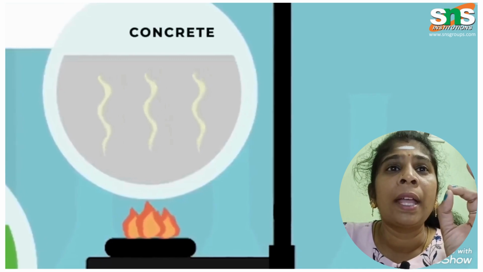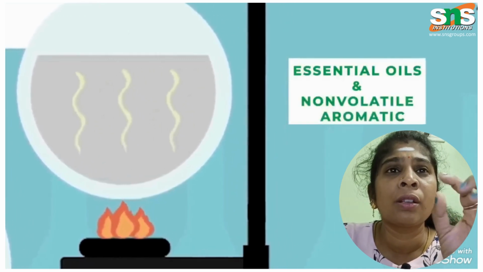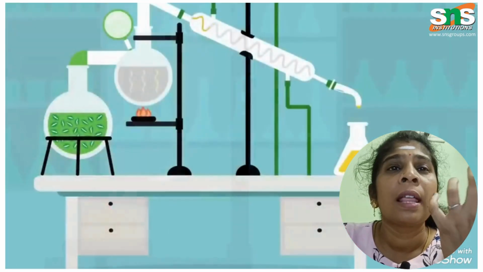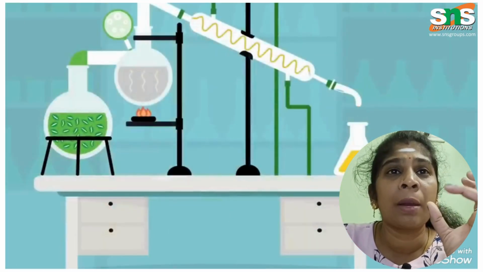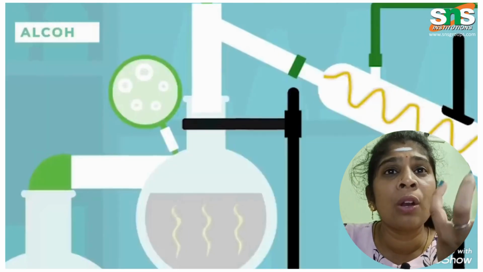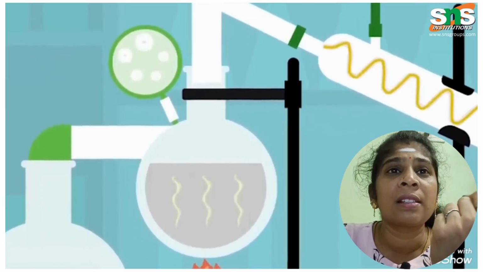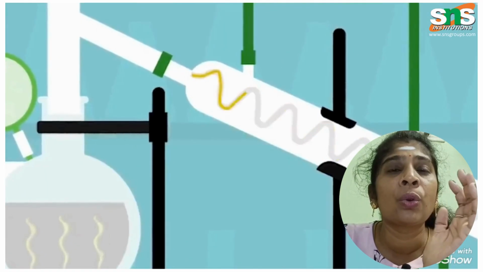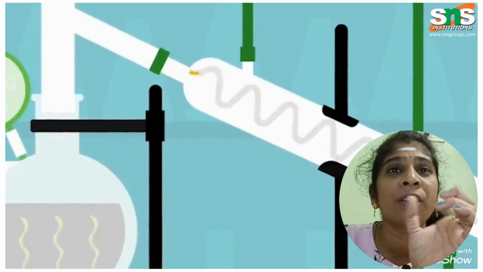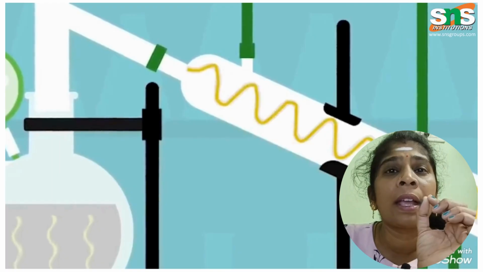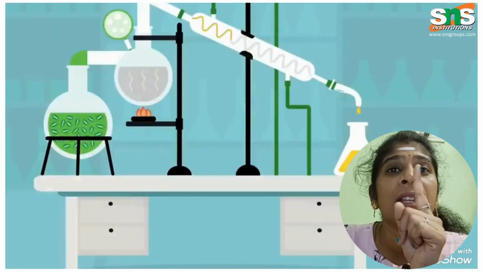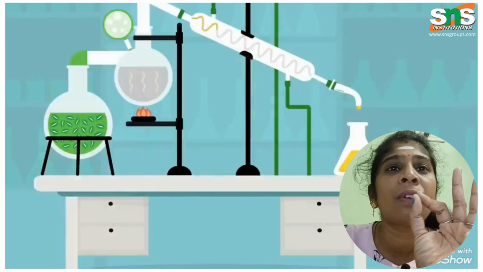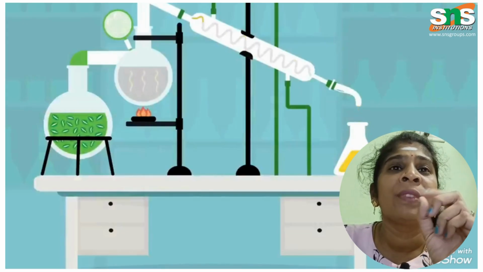The Schiff's test gives a pink or magenta color confirming the aldehyde group. In the 2,4-DNPH test, the sample is mixed with 2,4-DNPH and you will get yellow-orange crystals. In TLC, if the Rf value, that is the retention factor, is found to be between 0.50 to 0.60 in hexane to ethyl acetate in the ratio of 8:2, then it is confirmed as citral.